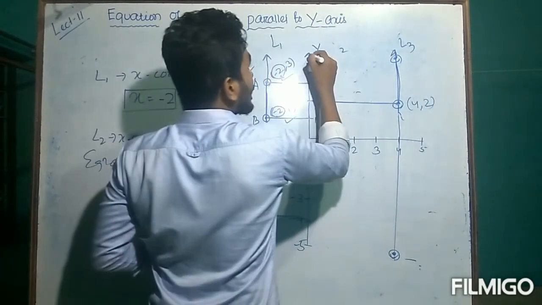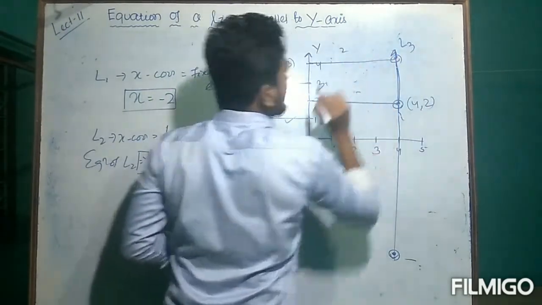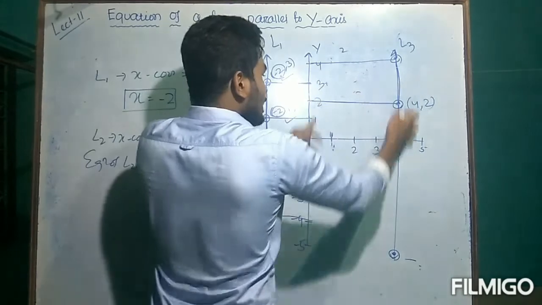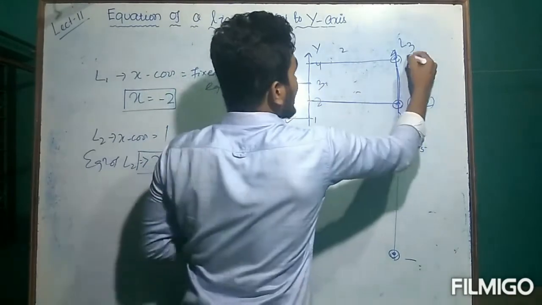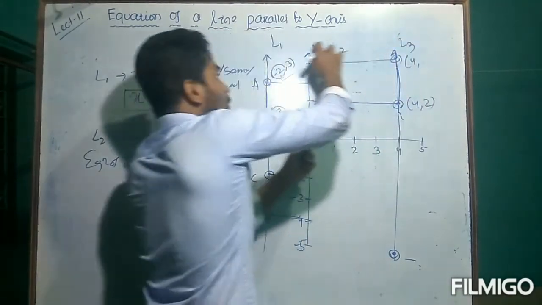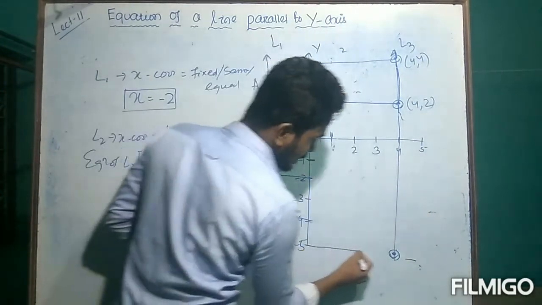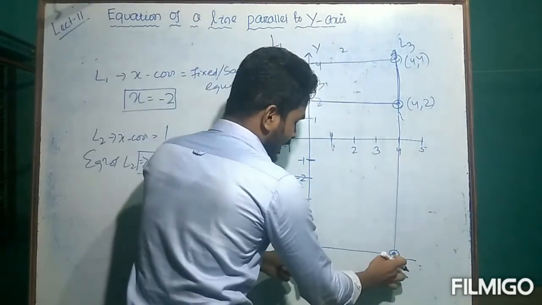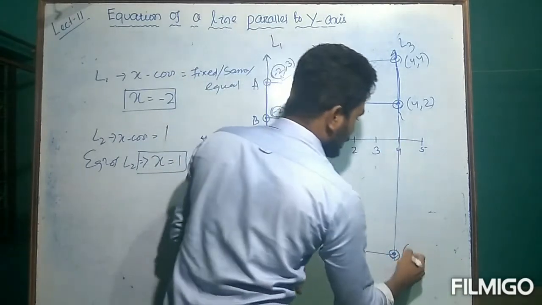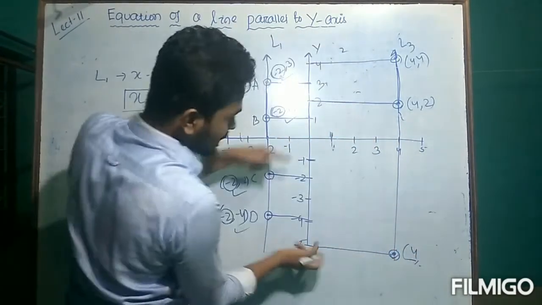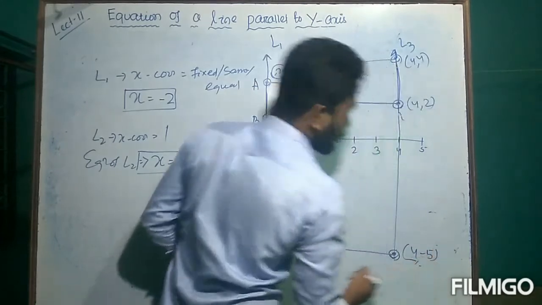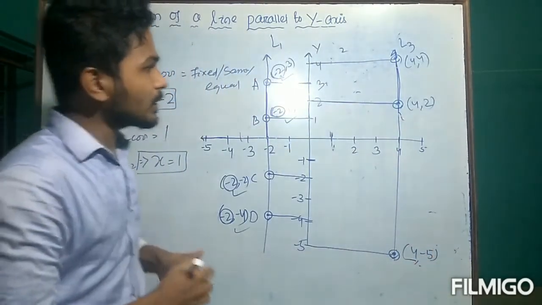Now for this point, draw the perpendicular distance. This is the x coordinate, and this is your y coordinate. For this point, write the perpendicular distance to the y axis, known as the x coordinate, that is 4, and your y coordinate is -5. You already know how to find the coordinates, in chapter 3.